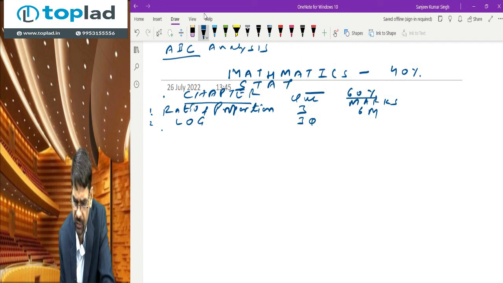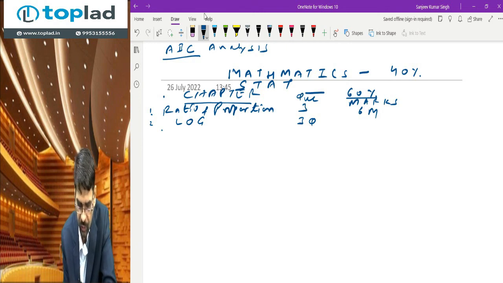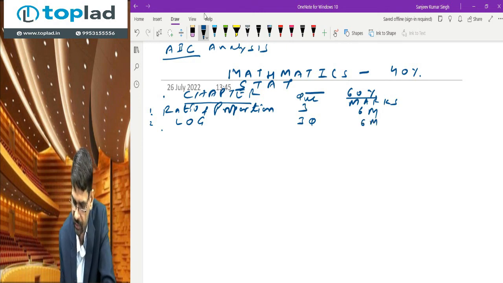We have seen repeatedly that the institute asked around 3 questions. It might be 4 questions, it might be 2 questions, but on average, 3 questions are asked from this chapter. 3 questions means 6 marks.